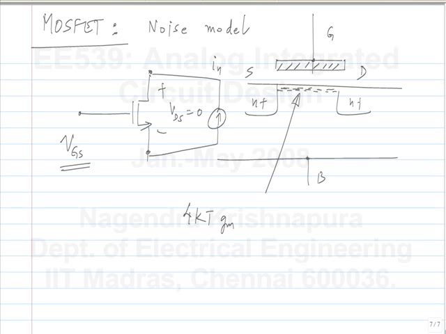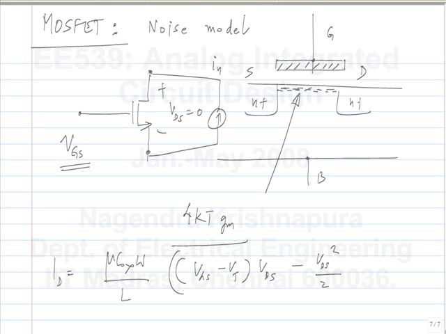What is GM in this region? Okay, let's see. So the current is mu Cox W by L, VGS minus VT times VDS minus VDS square by 2, right? So the answer was that the spectral density of current is 4 kT GM. Does everyone agree with this?